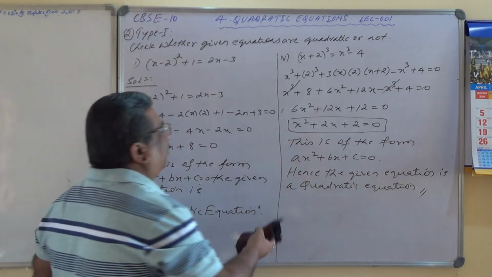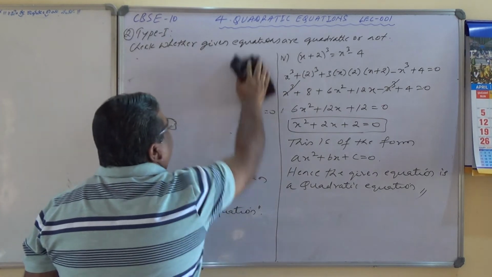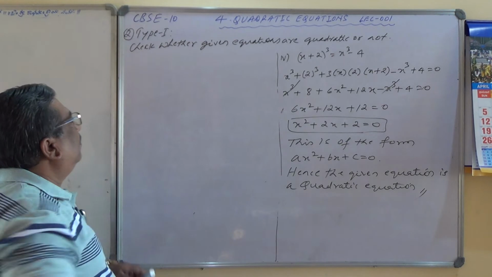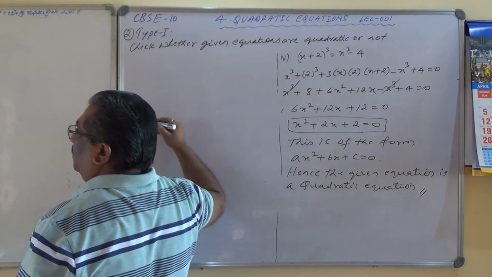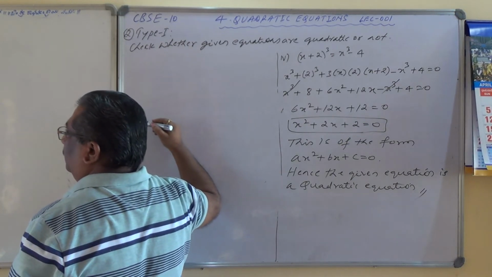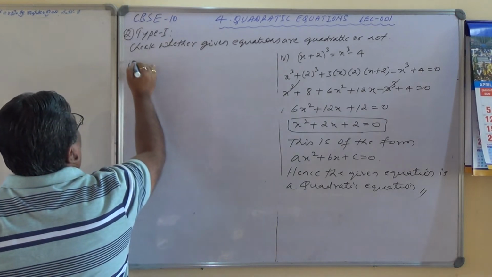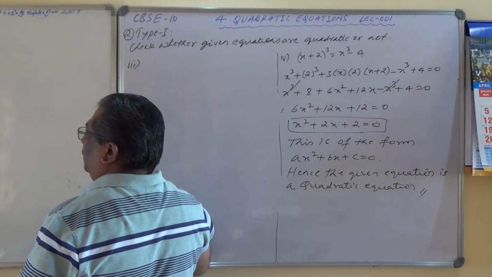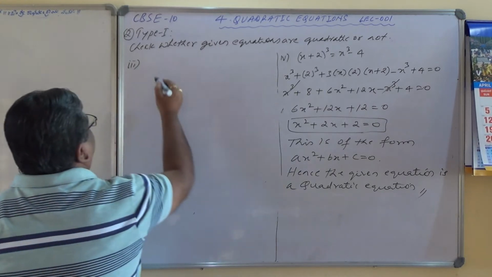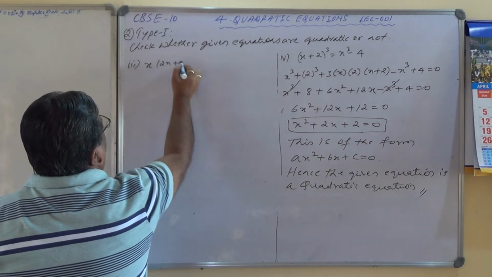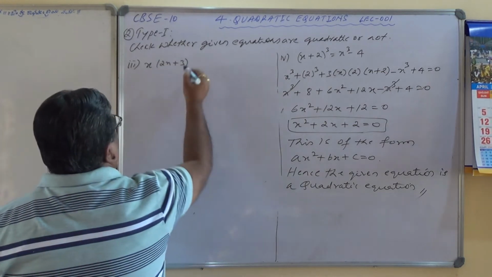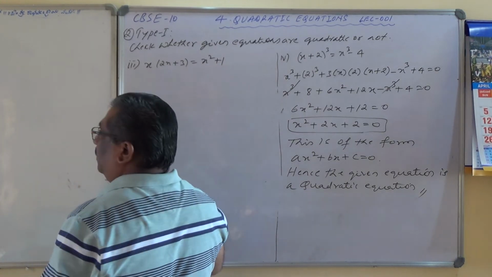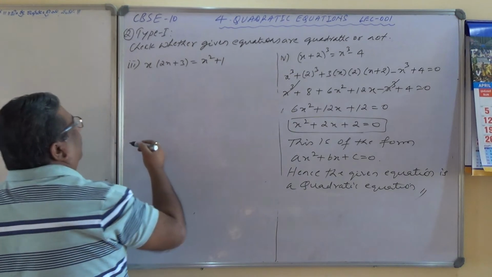I will erase this. I hope you have noted down. This is the third example of example 2, sub question 3, textbook. x into 2x plus 3 equals x square plus 1. So how do you do this one?